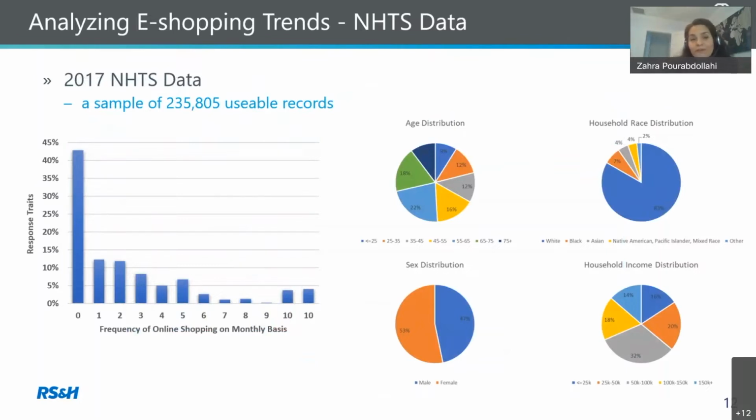So the data provide a very good sample for the analysis. More than 235,000 usable records had a valid answer to that question regarding the frequency of online shopping. All these records were reviewed and processed for the model estimation. The graphic on the left shows the distribution of online shopping frequency for the sample. And the final data set included more than 70 variables that could be used as explanatory variables, or covariates, in the model to analyze the online shopping behavior.